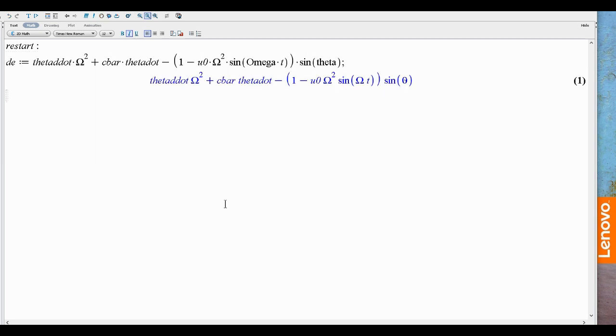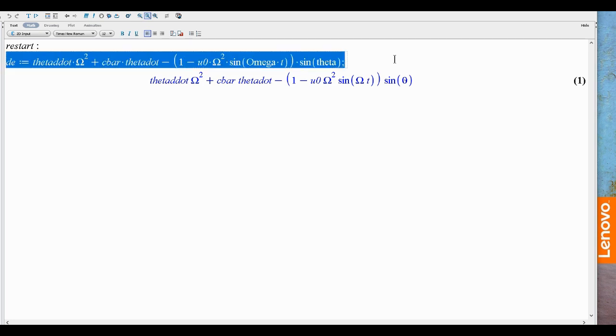This is our differential equation. Okay. However, we will now come in here and do a few things. So we will write it again. I will remind you that u0 was order epsilon and omega is 1 by epsilon. So I will come here and I will write it again.